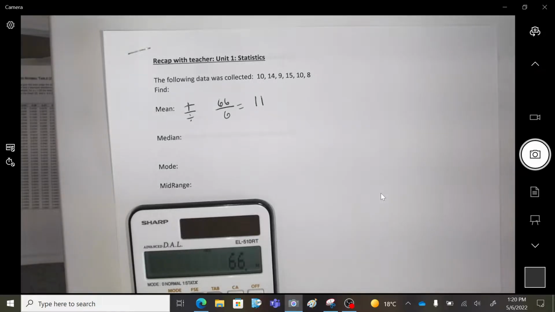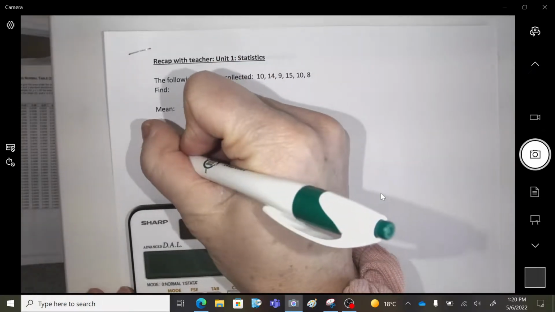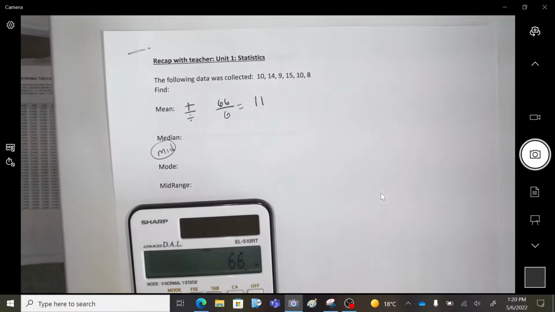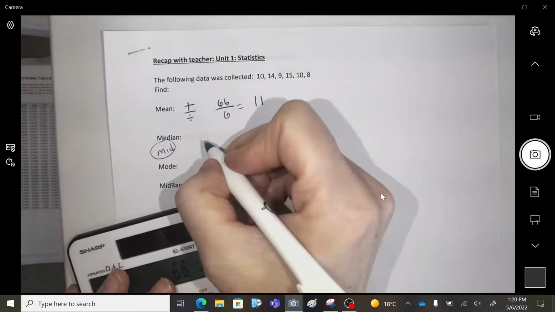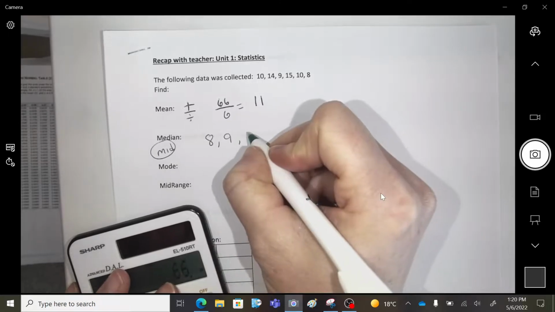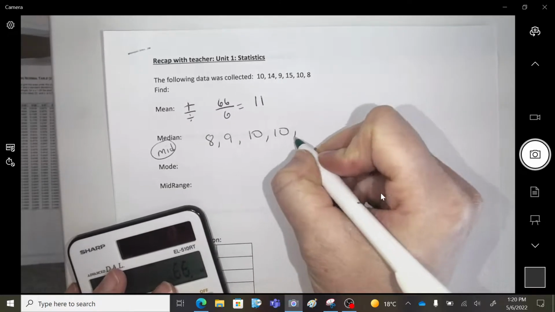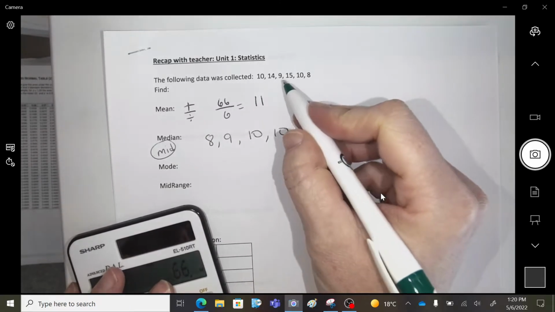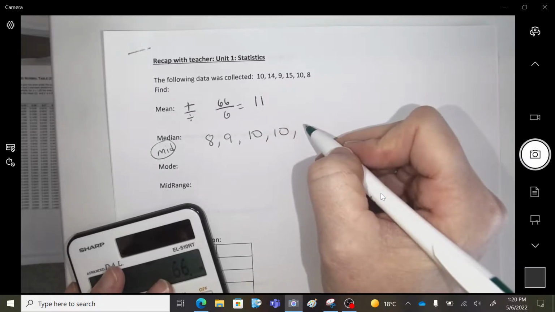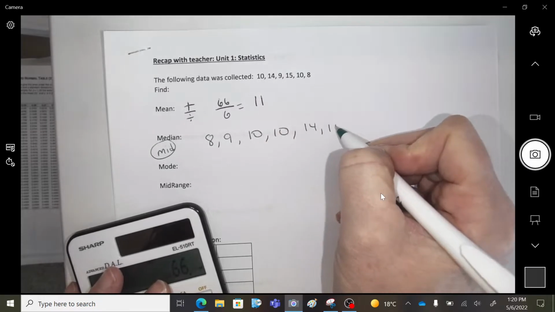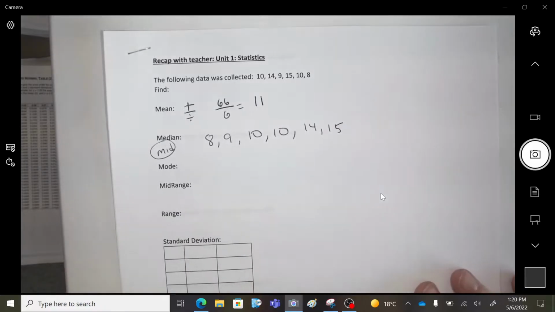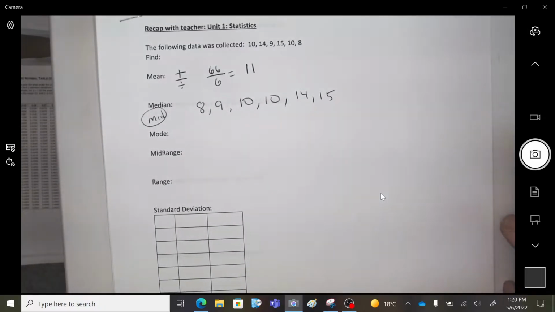Okay, the median is the one that's in the middle. Can't do it right now. What do I have to do before I look into the middle? Order. So 8, 9, 10, 10. Did I miss one? 8, 9, 14, 15. Is there one thing in the middle?